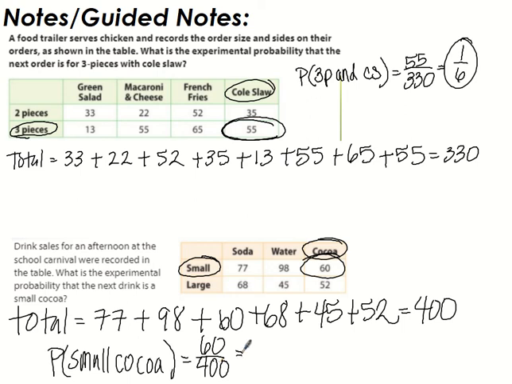So once you reduce, you get 3 over 20. 3 over 20. Okay, check your reducing, check your calculator, divide those numbers till you can get it as small as you possibly can.